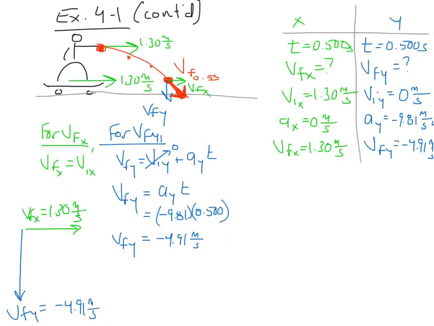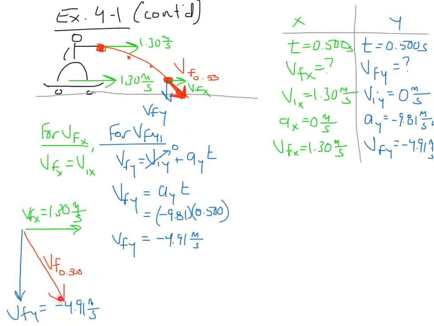So that means we should be able to reconstruct the full final velocity at whatever angle it is at 0.5 seconds. How do we do that? We can do that with trig, with our Pythagorean theorem. This final velocity right here, this red arrow, is simply the Pythagorean theorem.